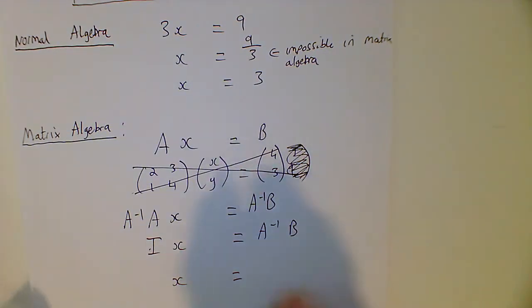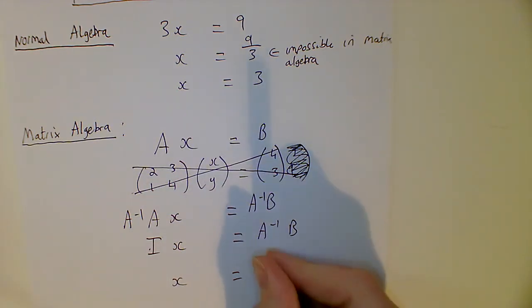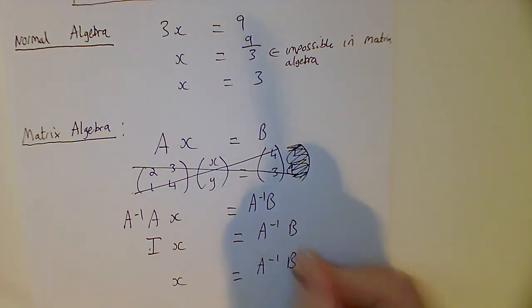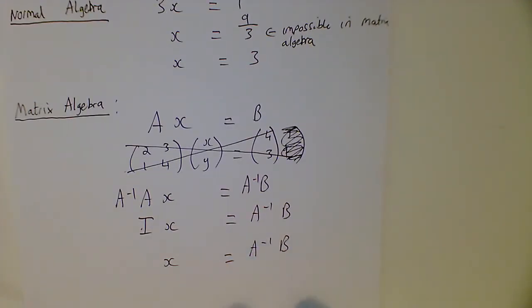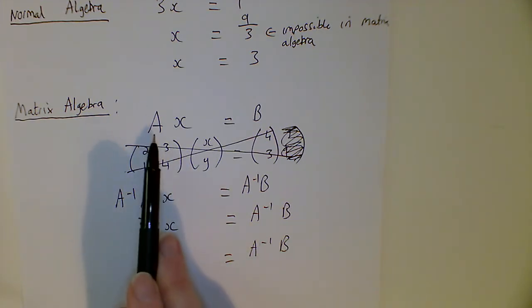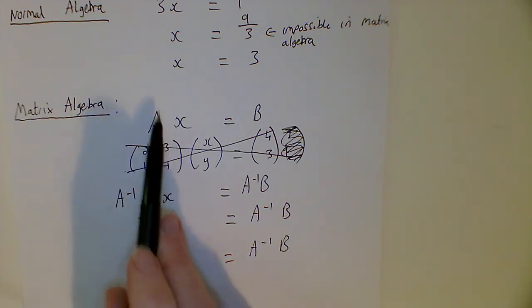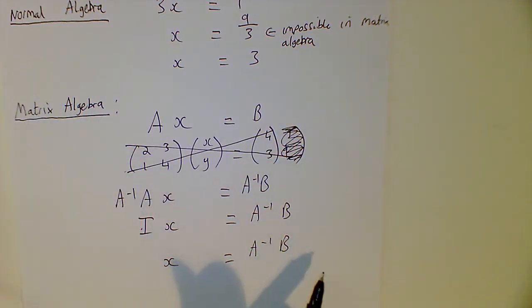So that's just going to stay X. So that means that X is just equal to A inverse B. All that tells me is if I want to solve a matrix equation, I need to multiply the left-hand side of the answer part of your equation by the inverse matrix of the coefficients of the left-hand side of your equation.